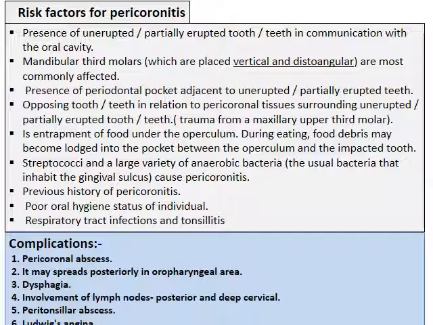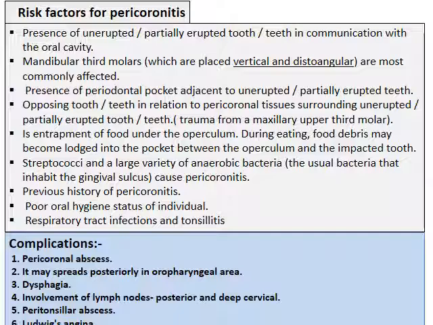Entrapment of food under the operculum. Presence of food between the operculum. قلنا شو يسوي؟ Good media for the development of dental plaque and the development of microorganisms. So it assists in the development of pericoronitis.